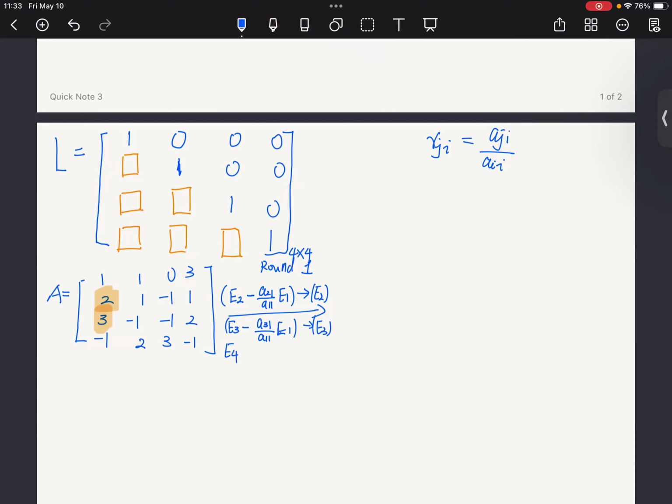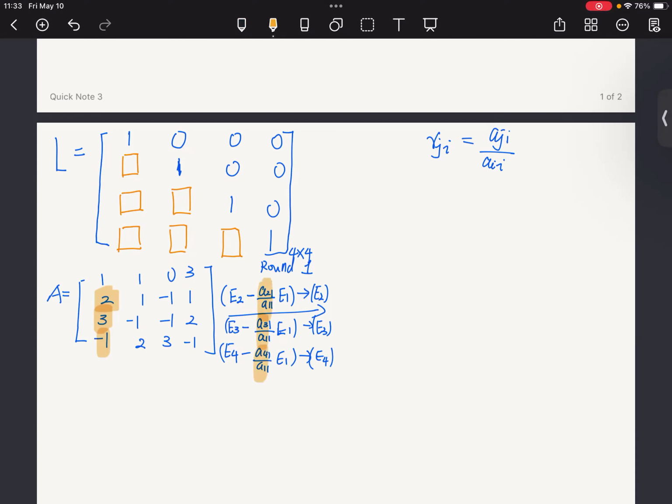And then for the row 4, we want to eliminate this part to be 0. And then we have A_41 divided by A_11 times the row 1, and then replace the original row 4. And now, the important information here is just the ratios.